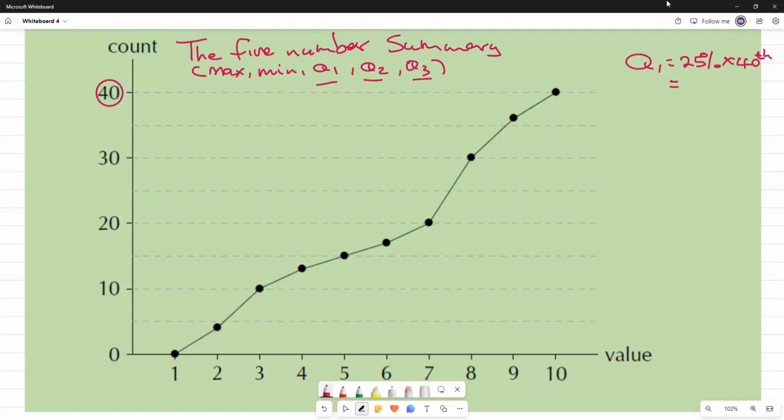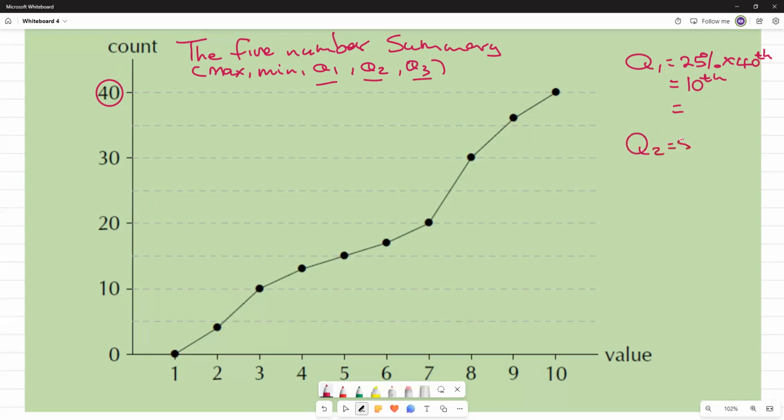Let's quickly check it on our calculator. 25% multiplied by 40 gives us the 10th. So it's the 10th position. Q1 is on the 10th position. We don't know the value, but we know that it is on the 10th position.